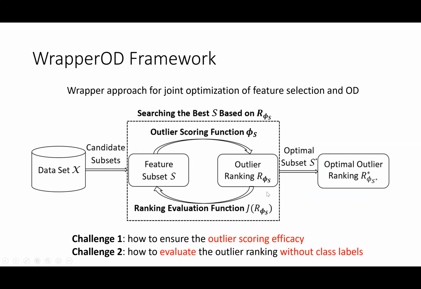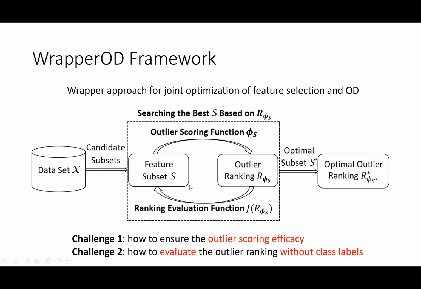The way is unsupervised. Given the data, we do it step by step in an iterative way, and we measure the feature value to feature outlierness, and with that we get the outlying score. With the outlying score, we can do the ranking, and after ranking we select the feature subspace and iterate this process until we find the optimal outlying ranking.